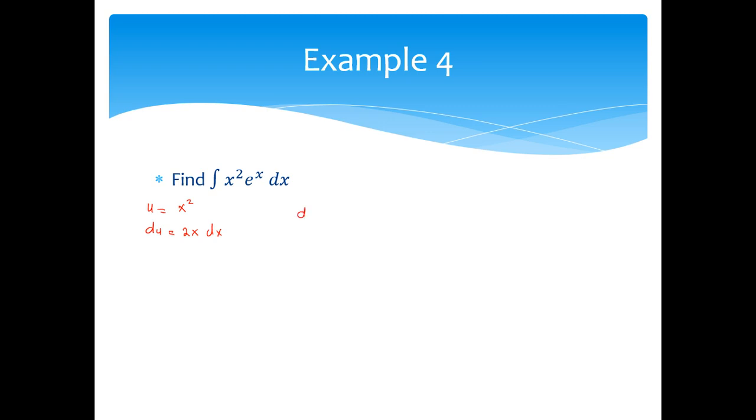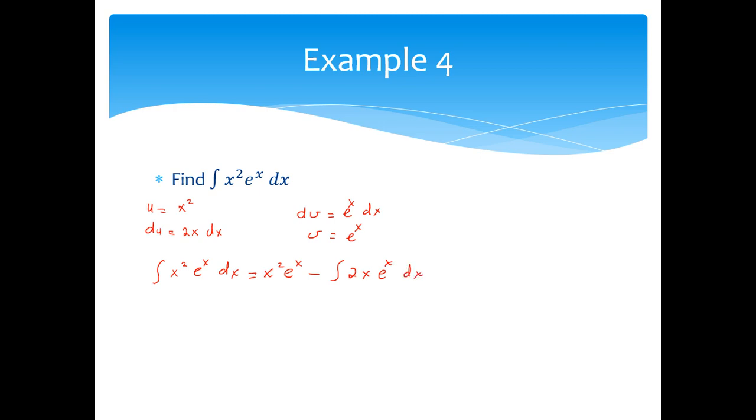And if we choose dv to be equal to e to the x dx, that means v is going to be equal to e to the x. Now the integral of x squared e to the x dx is equal to x squared e to the x minus the integral of 2x e to the x dx.